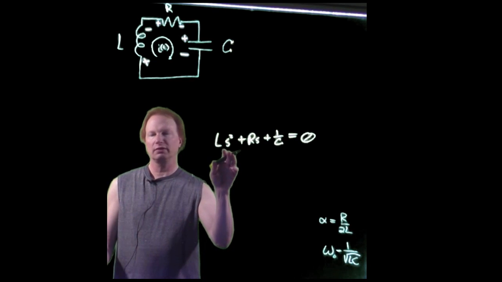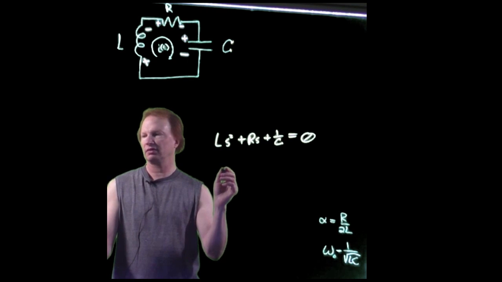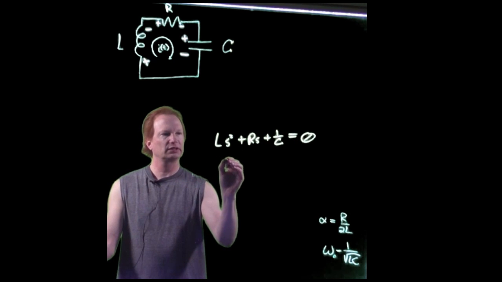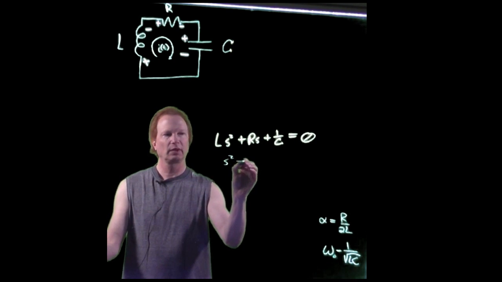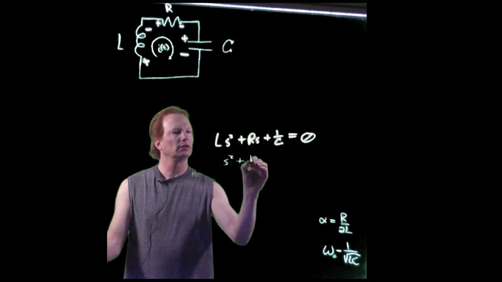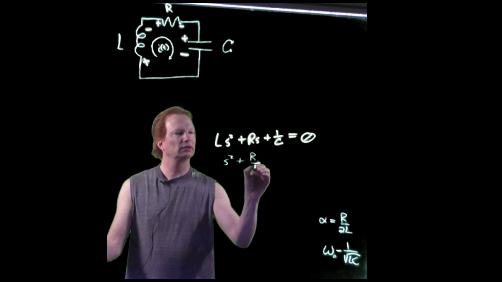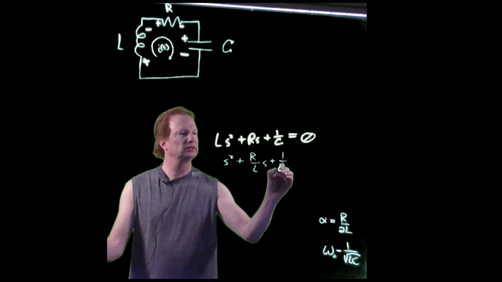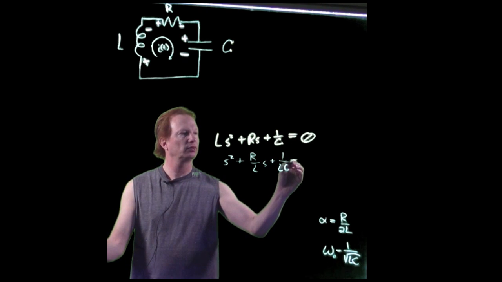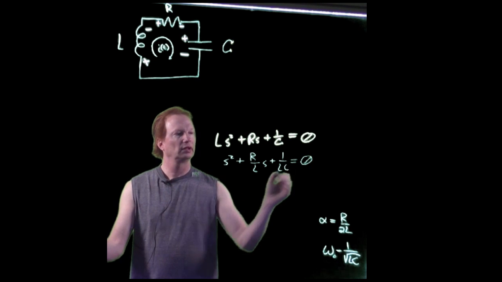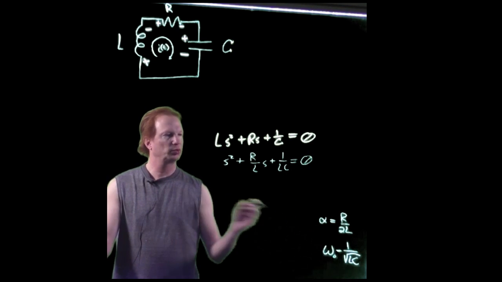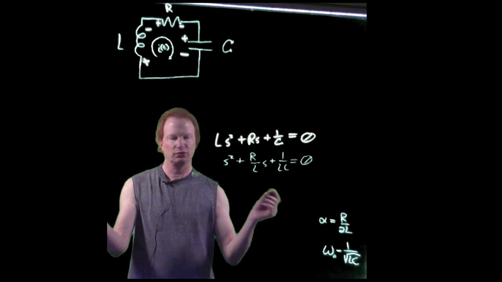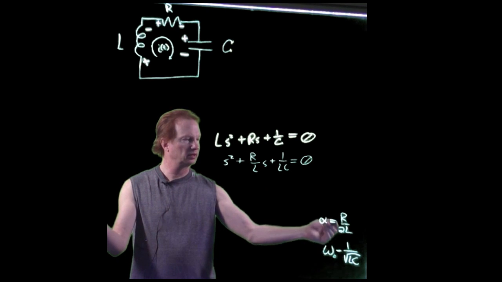So we can rewrite this equation by first dividing through by an L. That would give us s squared plus R over L s plus 1 over LC equals 0. And we can put in the values for alpha and omega naught.